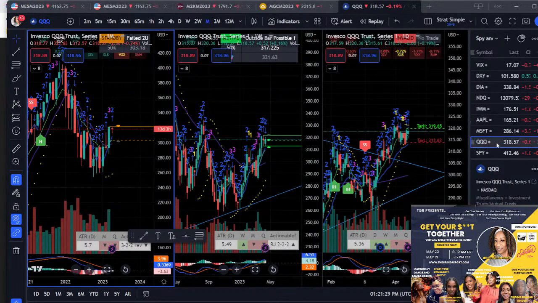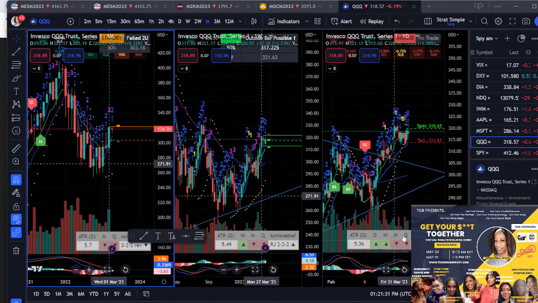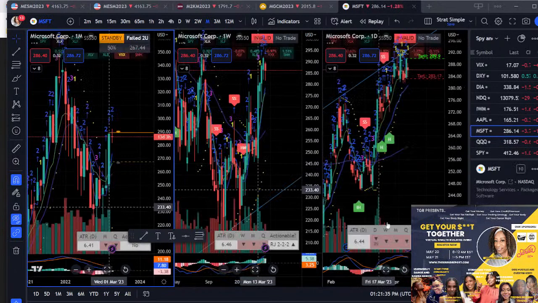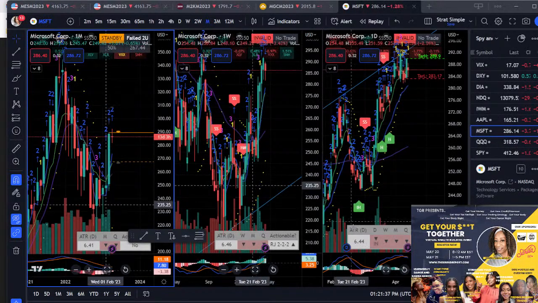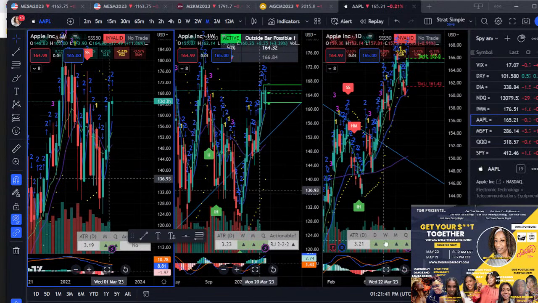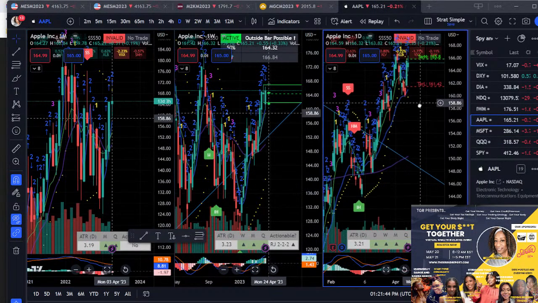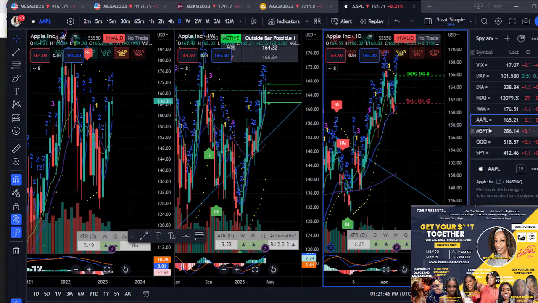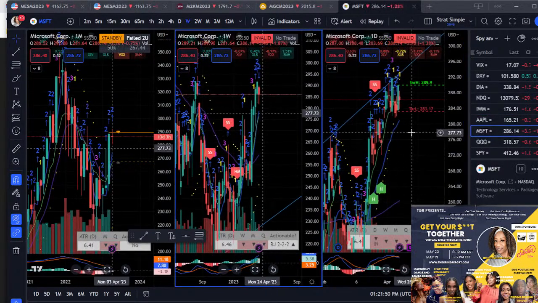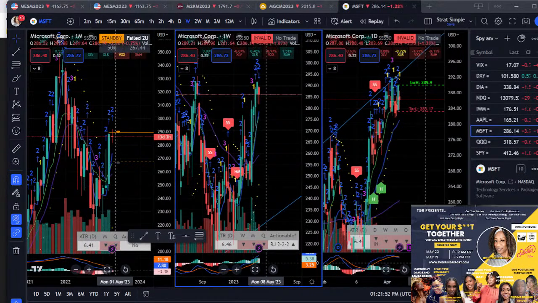Well, on Apple, the Qs are kind of mixed now, and I believe that it's because of Microsoft being mixed. Microsoft is completely red as far as time frame continuity, but Apple is completely green. So if Apple decides to die and Microsoft does die, then everything else will follow. But if Microsoft decides to flip this and Apple continues, then we should continue to see green.